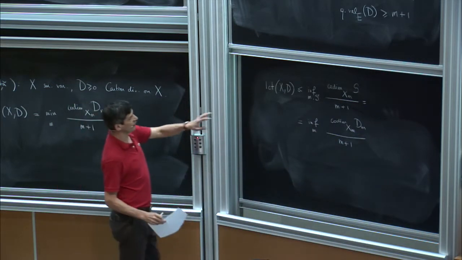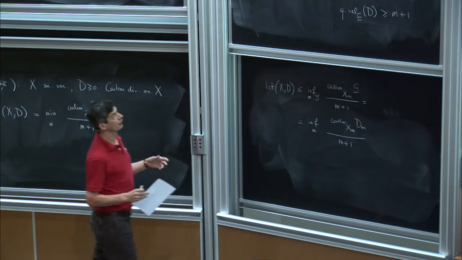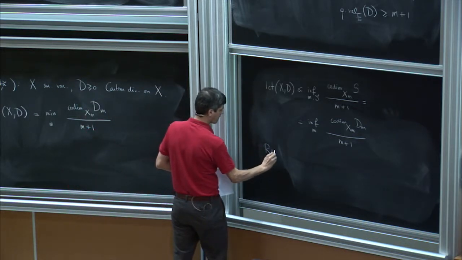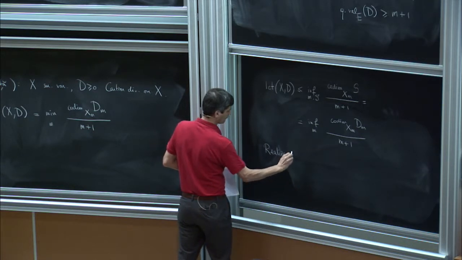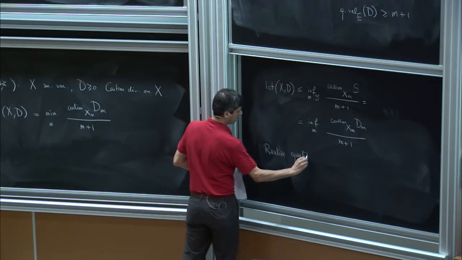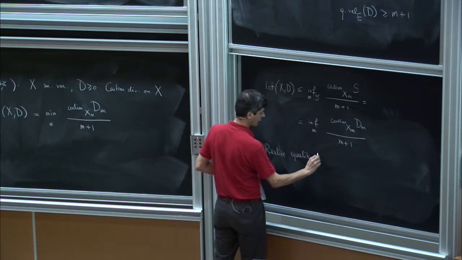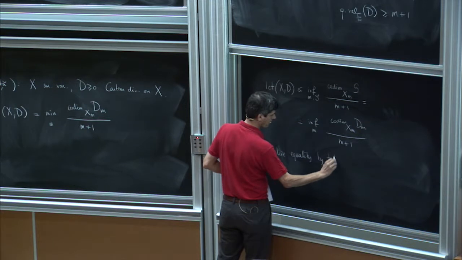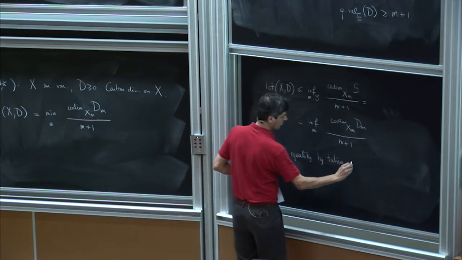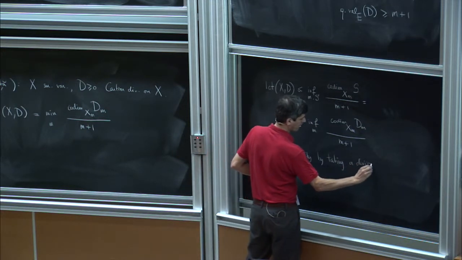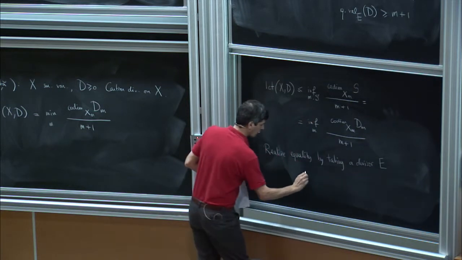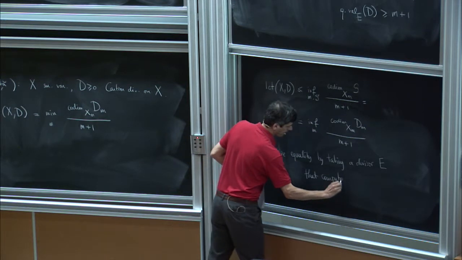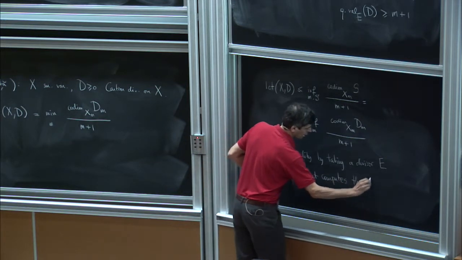And so this proves an inequality, and then in order to get the equality, you just realize equality by a divisor E that computes the log canonical threshold.